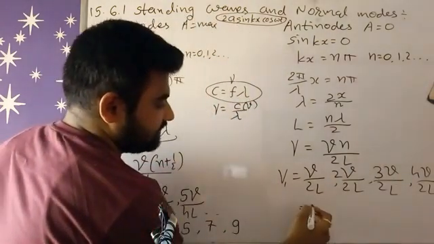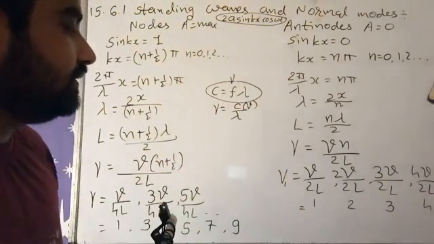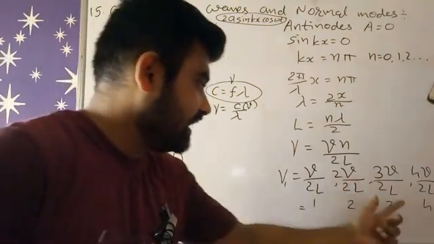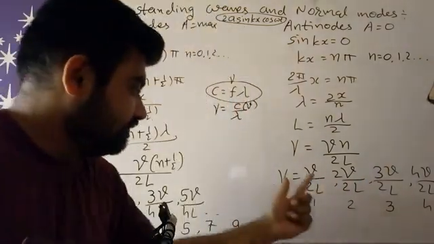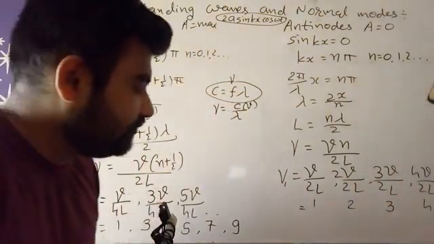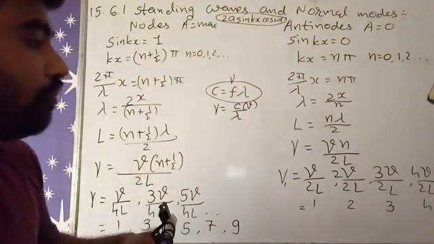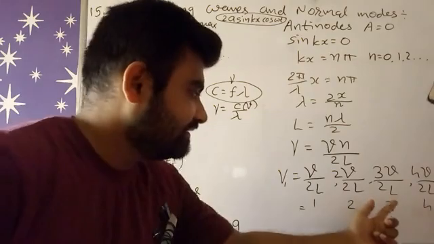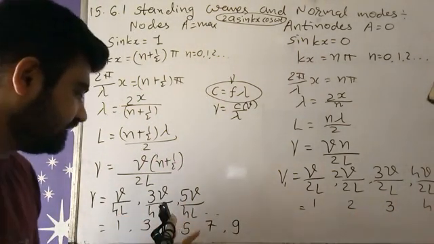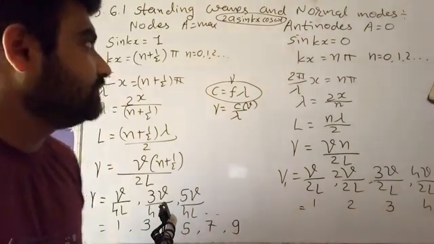So here the combinations are 1, 2, 3, 4: fundamental, first overtone, second overtone, third overtone. If we are using fundamental, it will be first, second, third, fourth. If we are using overtone, it is first overtone, second overtone, third overtone. Similarly here, first fundamental, second, third, fourth, and this is third overtone, fifth overtone, seventh overtone, like this.